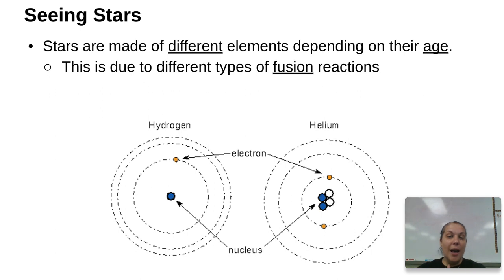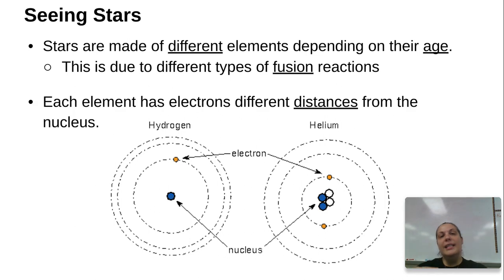And because they're different ages and they have different elements that are made, it's because the fusion reactions are different. So we can have that carbon atom that's forming. We can have that phosphorus atom that's forming, all because of different types of nuclear fusion reactions.